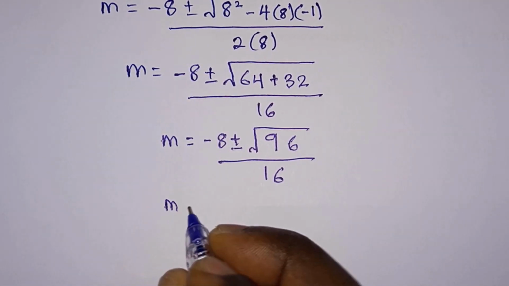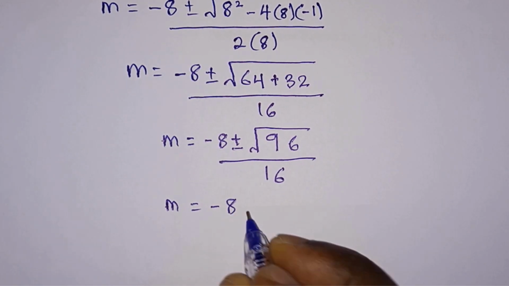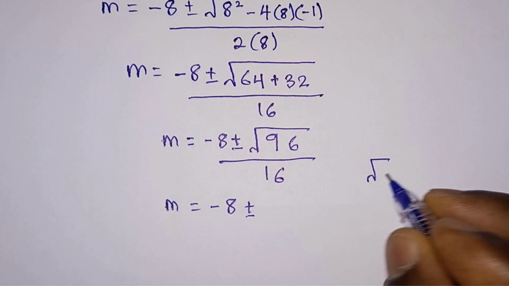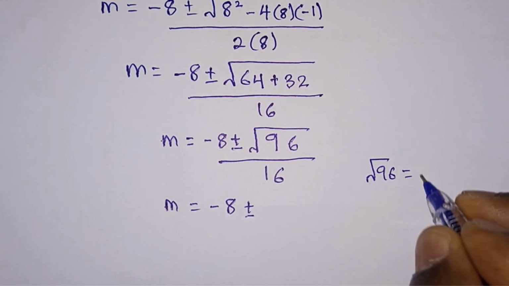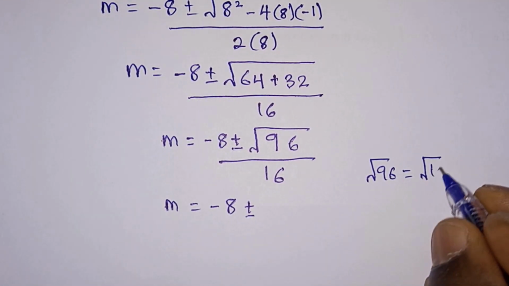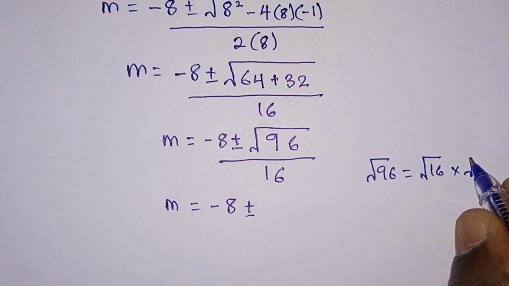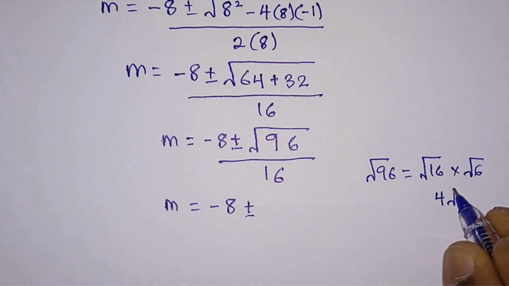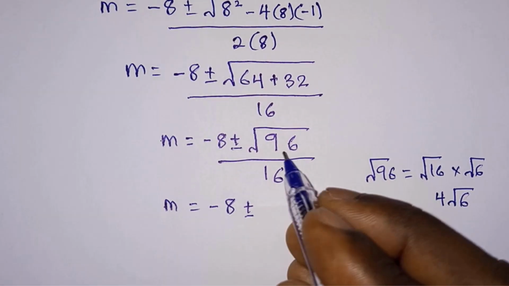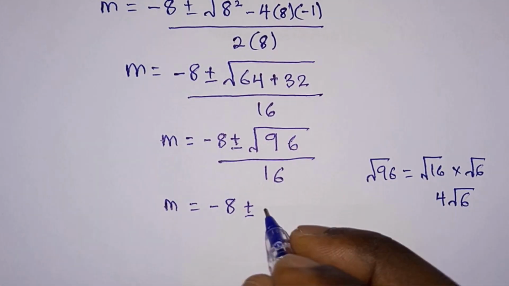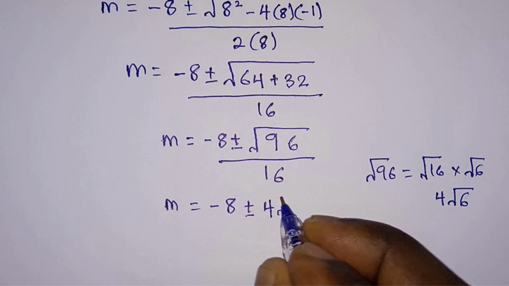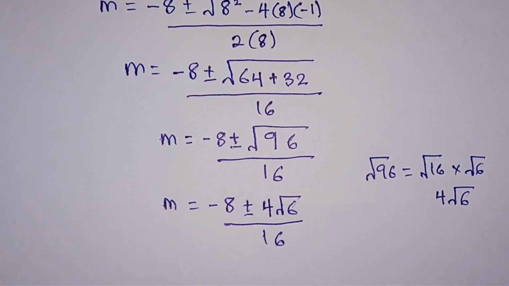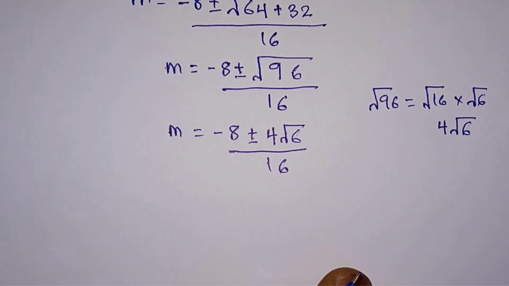And so m is equal to -8 plus or minus. Note that square root of 96 is the same as square root of 16 times square root of 6. So we have 4 root 6. So in place of square root of 96, we will put 4 root 6, all divided by 16. And you can see we can factor 4 out.